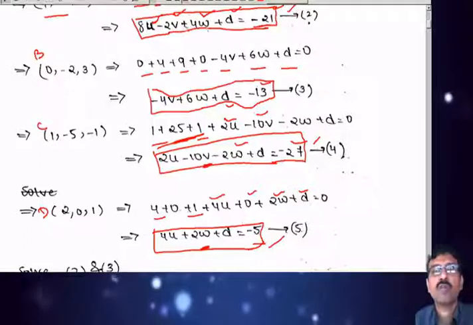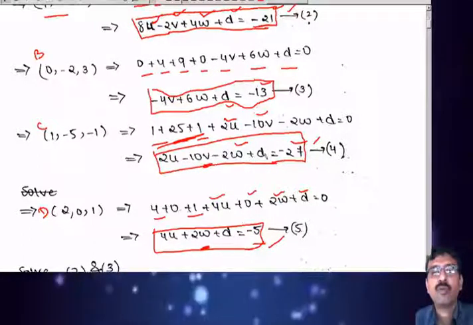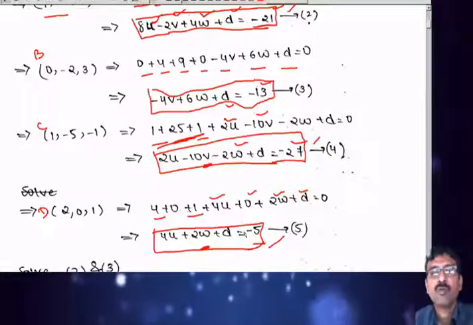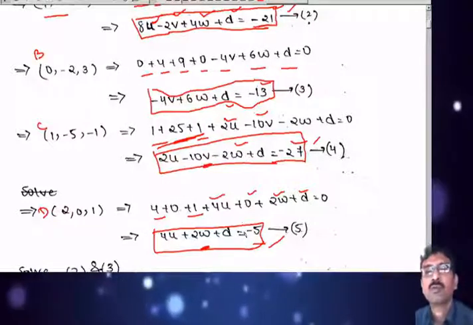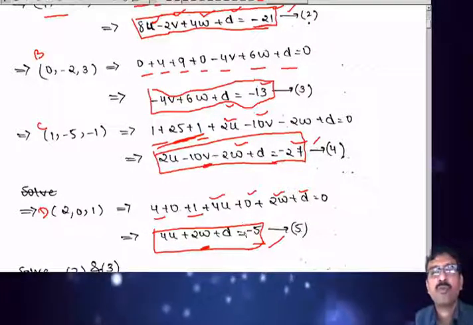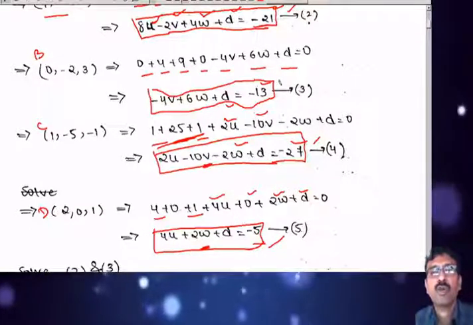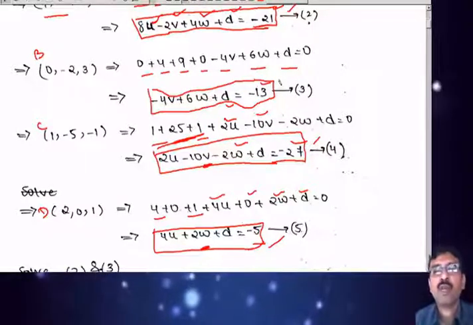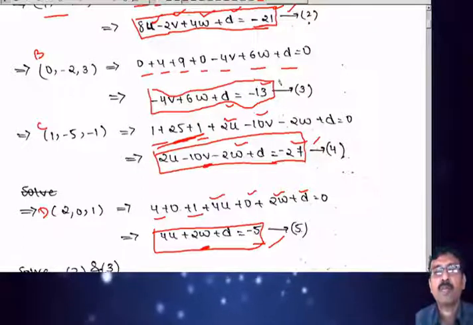Those are u, v, w, d in the first three, and here only u, w, d. To find the values of 4 unknowns, we should have 4 equations. Here also we have 4 equations. So these 4 equations are enough to find the values of u, v, w, d.